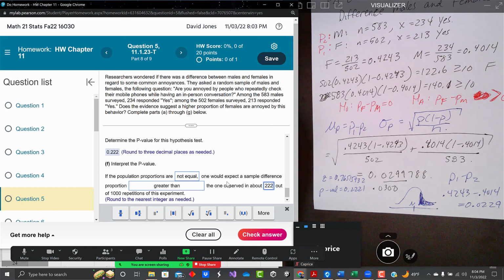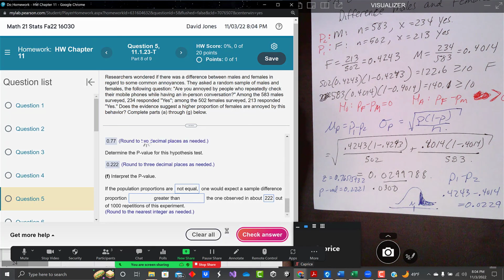The 222 is 1,000 times the p-value. That's going to be wrong.